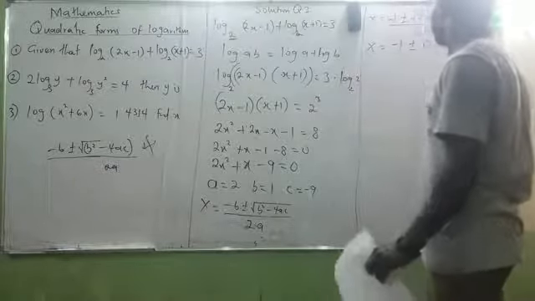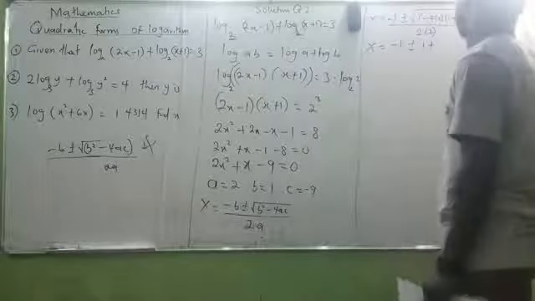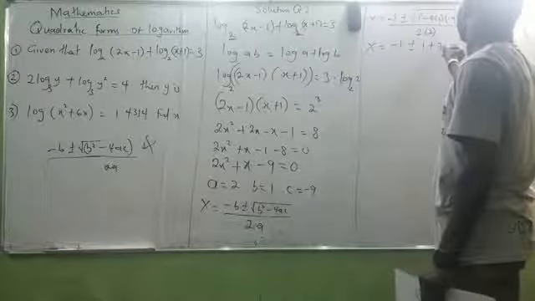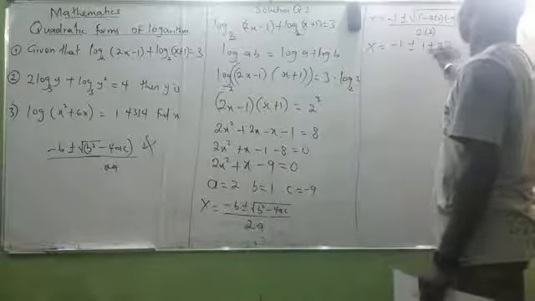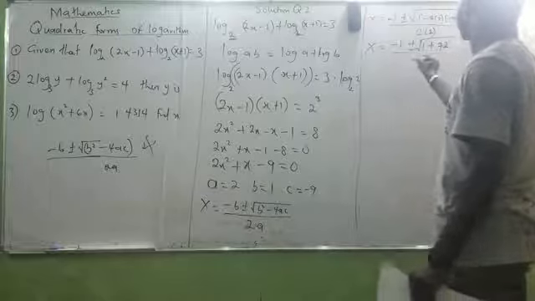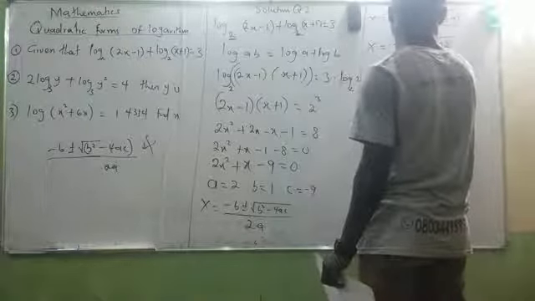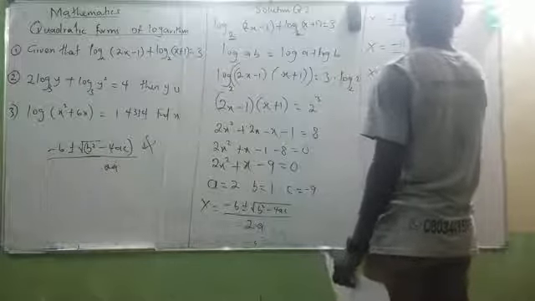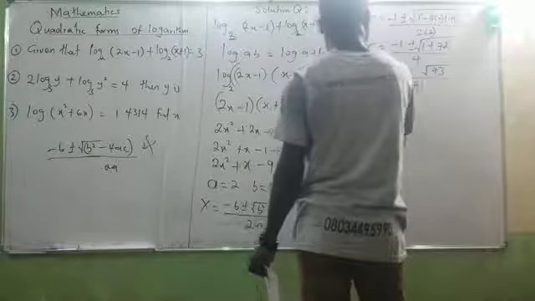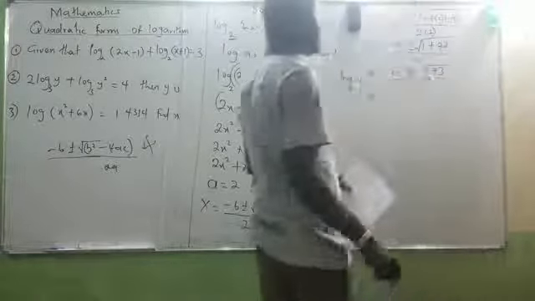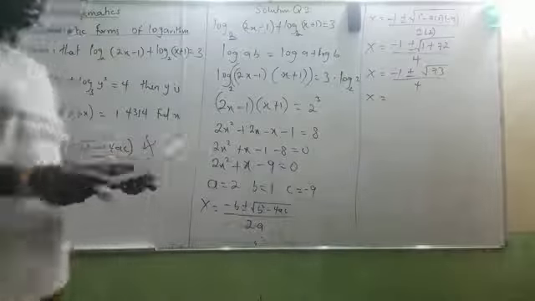This one will be 8 times 9, which is 72, divided by 4. Now, my x will be equal to minus 1 plus or minus root of 73 divided by 4. Now, what can I do? I think I need to press the calculator here.